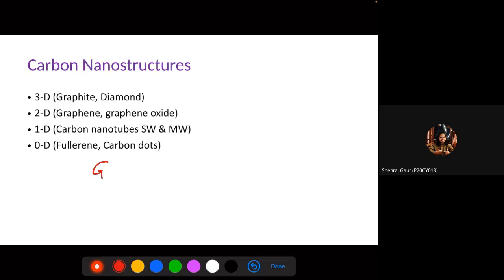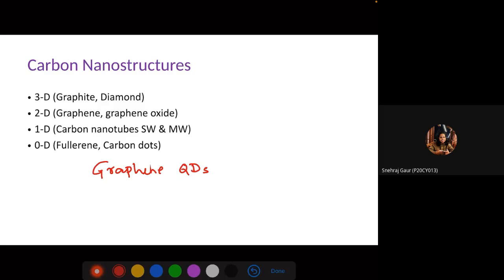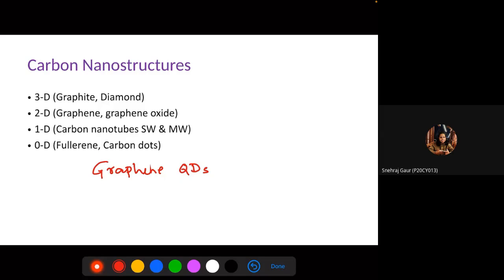So all these different forms of carbon, from a three-dimensional structure to a zero-dimensional structure, and based on whether they're a bulk material or a nanostructure, you can have various applications.